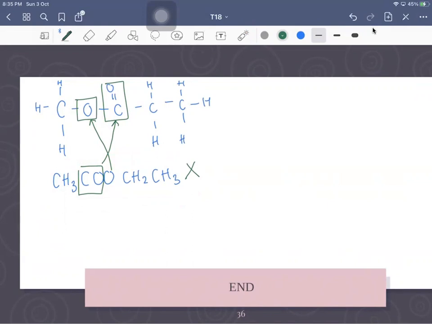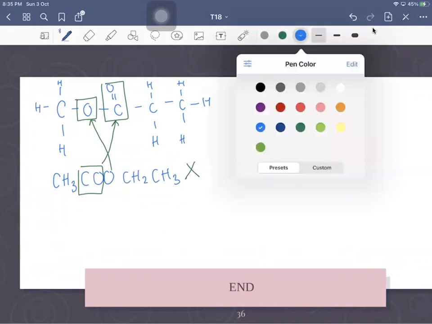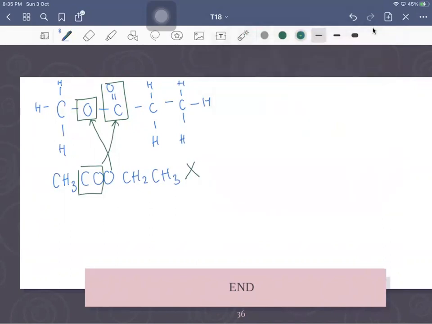I'll draw the actual molecule of that later on. Now, how do you write this formula correctly? CH3O for the oxygen on the alcohol, CO followed by CH2, CH3. Now that is correct. What is CH3, COO, CH2, CH3?